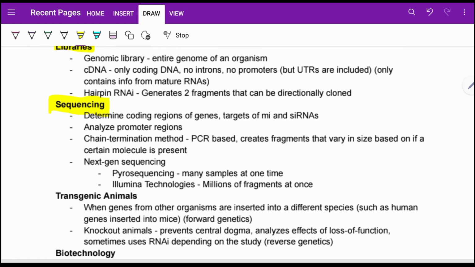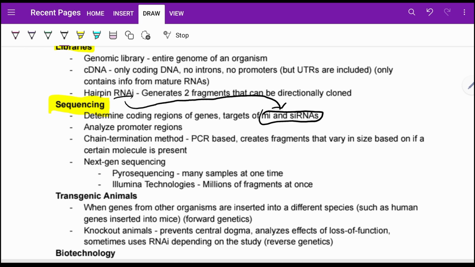We also have sequencing, and this is a way we can determine the coding regions of genes, and we can also determine the targets of miRNAs and siRNAs, which I just mentioned; these hairpin RNAis are kind of the synthetic version of these. And we can also analyze promoter regions.